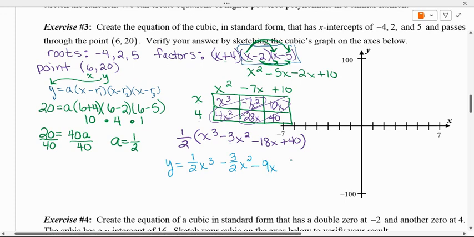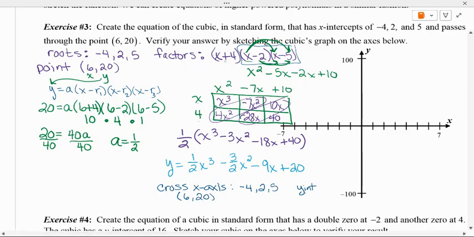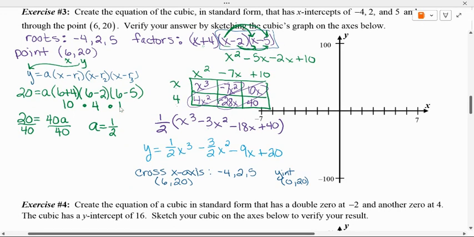And half of 40 is 20. So here's what I know. I know that I cross the x-axis, because we have to still graph it, at negative 4, 2, and 5. I know that I pass through the point (6, 20), and I know that I have a y-intercept of (0, 20). So we have 5 points that we can use to graph this function.